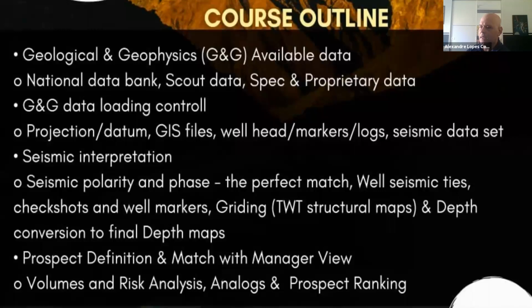And then we go through to the build up of the seismic project, load everything, perform the seismic interpretation, and then we go through in the end to the prospect definition, and then match with the manager view. So this is basically the main outlines that I will talk about.